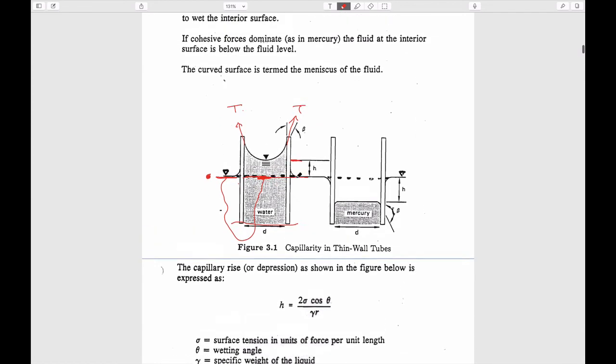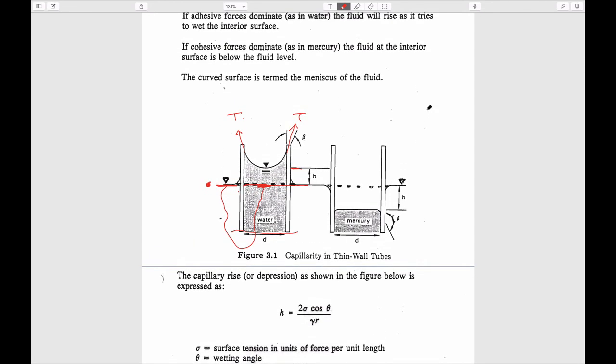The calculation basically is to calculate what the weight of this little poker chip disc is. So this is height h here. This is diameter d here.